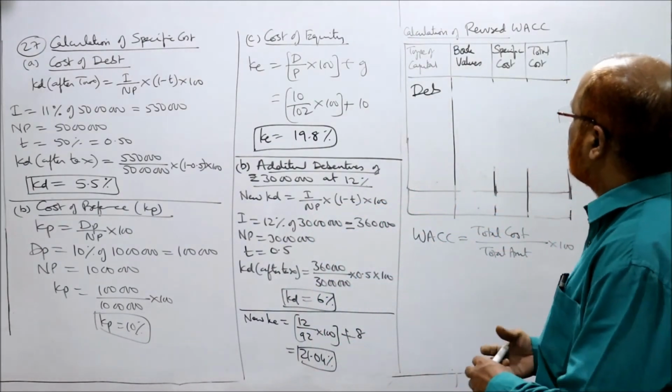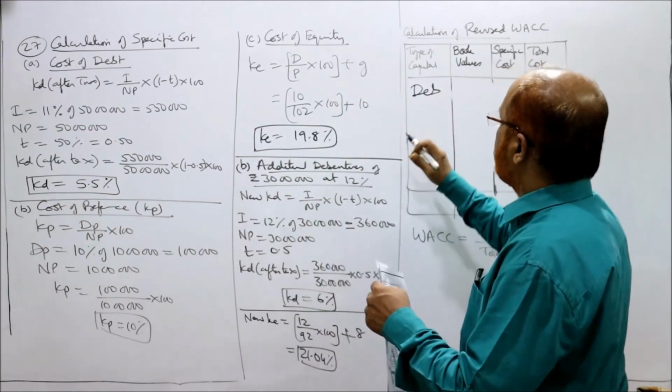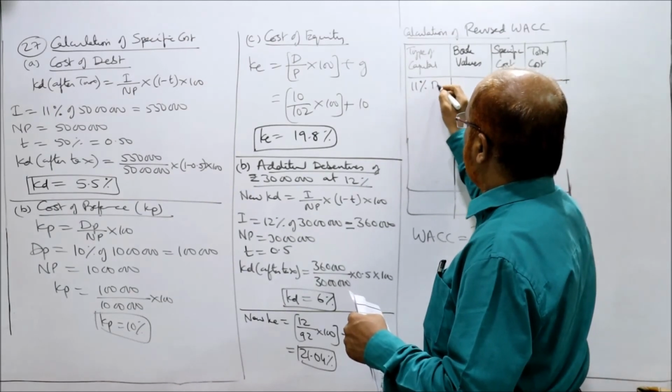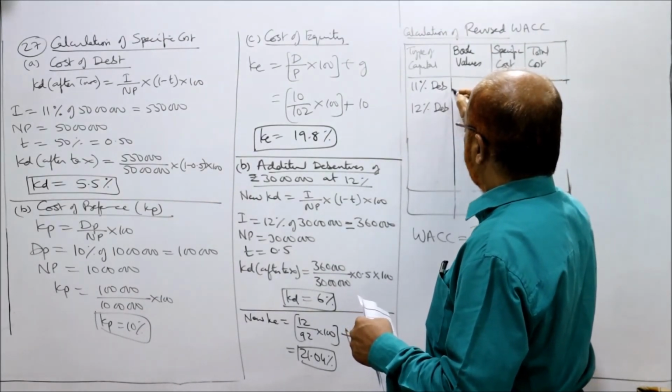First debentures are 11% debentures. New debentures are 12% debentures.